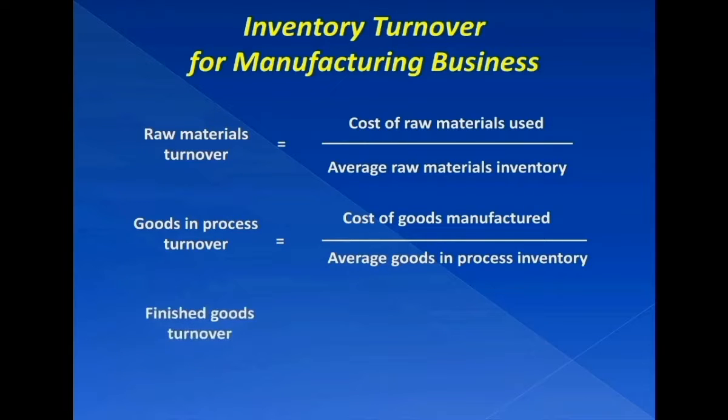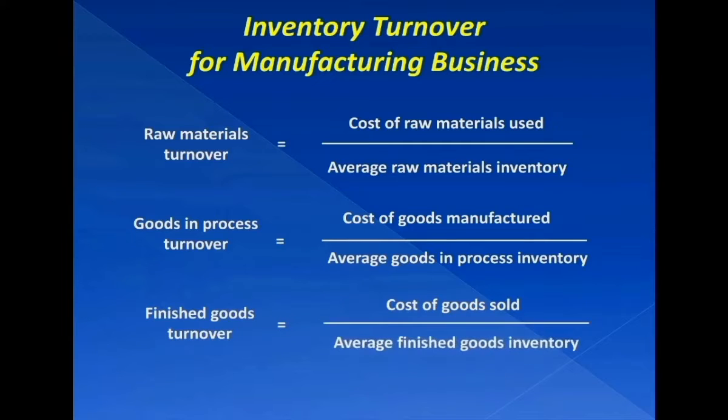While for finished goods turnover, it's cost of goods sold divided by the average finished goods inventory. From the name of the turnover ratio, we get an idea about its denominator.